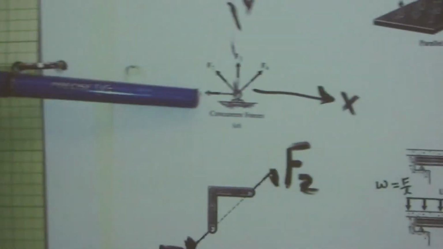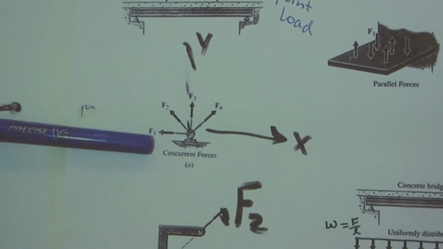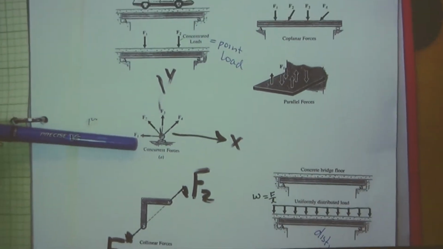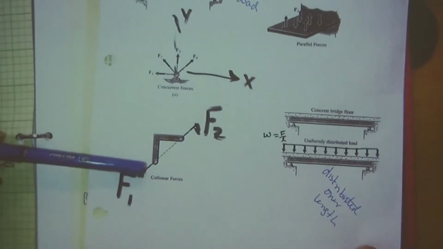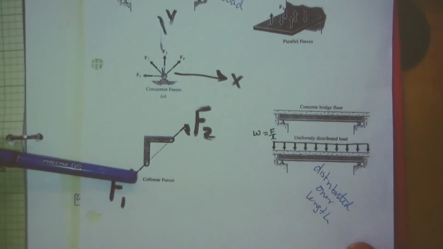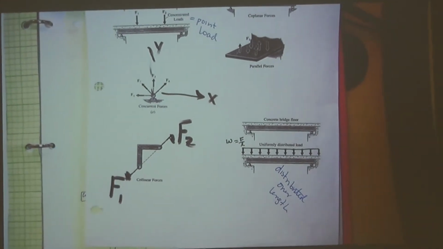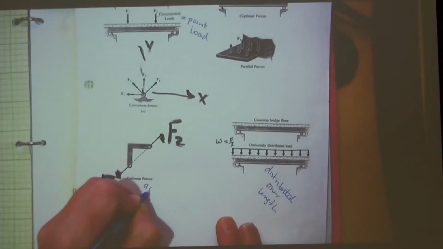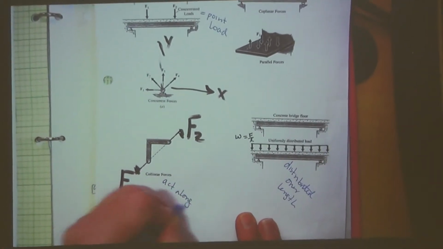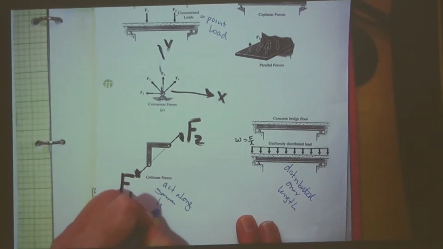We learned that concurrent forces are what? Forces that act at the same point. What do you think about collinear? What do you think that term means? Forces that act along the same line.